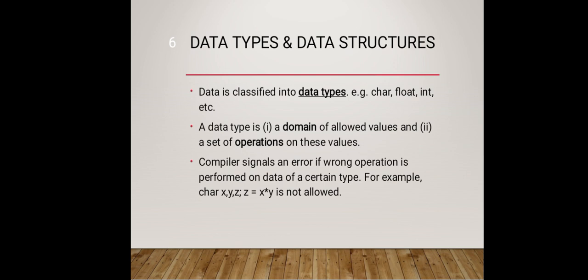For data types, the first one is the domain, which is just the allowed values. The second one is the operations, a set of operations on variables or values. Then the compiler signals an error if a wrong operation is performed on data of a certain type.